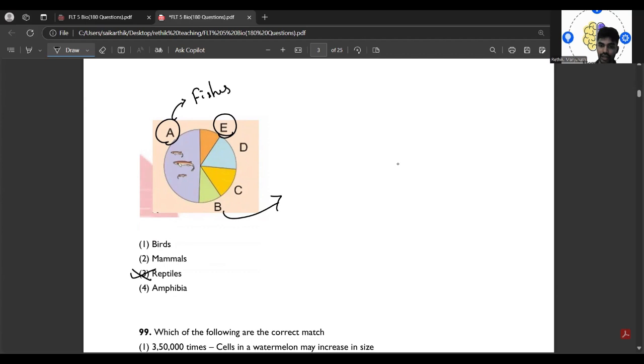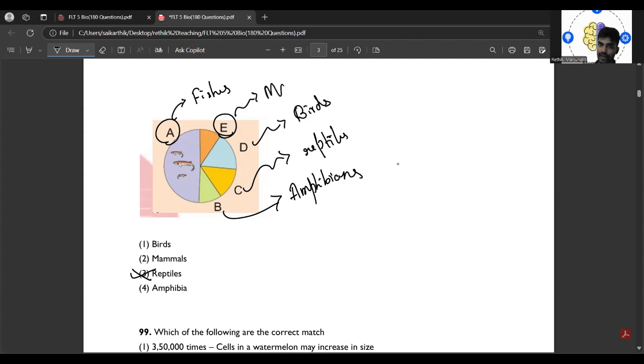B, if you remember from the textbook, will obviously be the amphibians. C is more about the reptiles, and D is more about birds. And E is more about the mammals. So now can you say which it is? It is mammals.